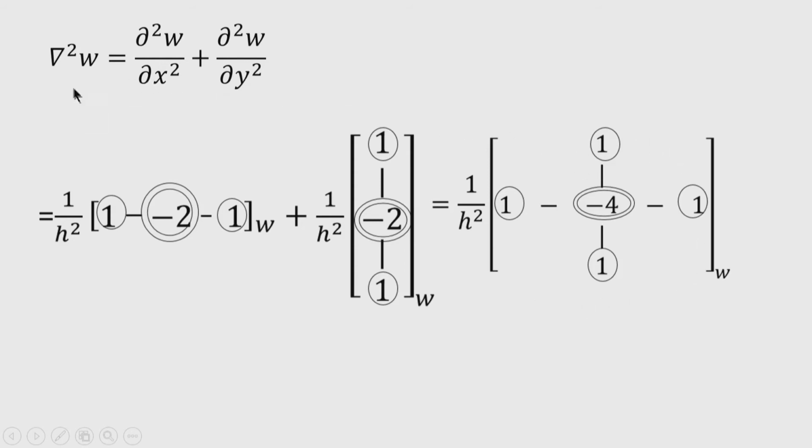So, this is the del square w by del x square plus del square w by del y square equation in finite difference form. There is the Laplacian equation, that very important equation. Now, here you can see if I remove w, then this term represents the operator del square.